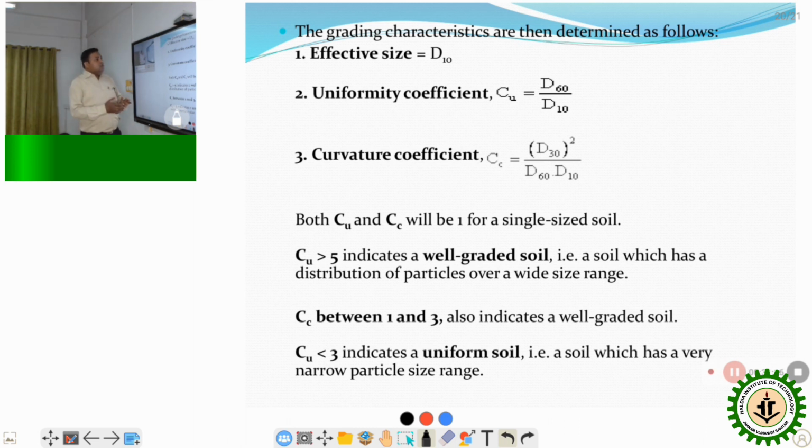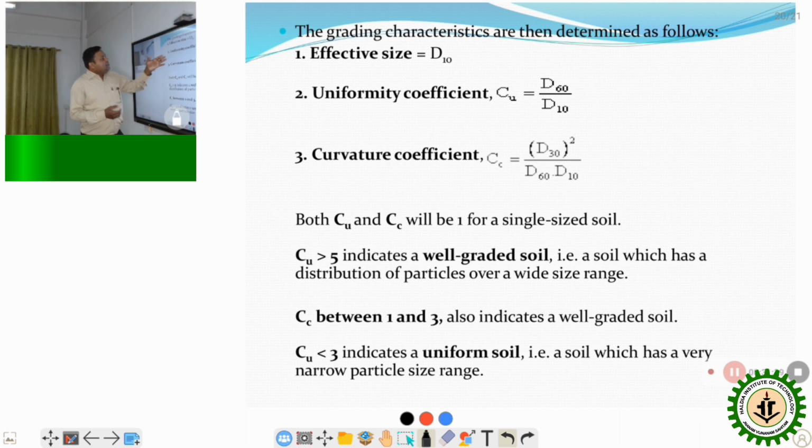So from these three values, now we are determining, first, the effective size, which is given by D10. The D10 value is called the effective size of the soil mass that you have taken for the analysis.